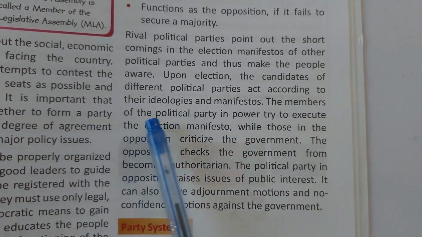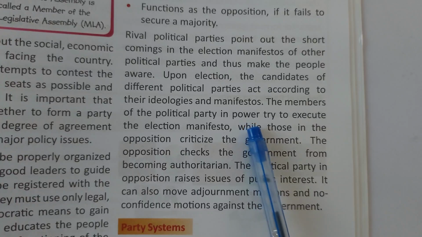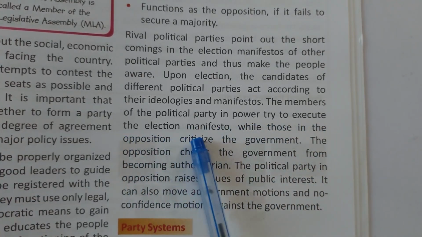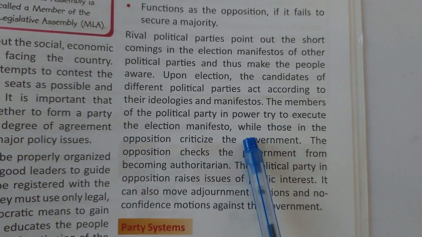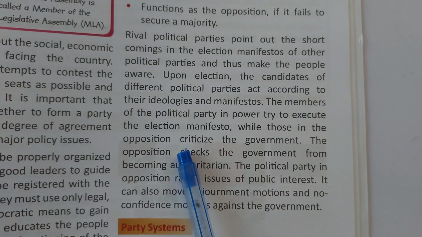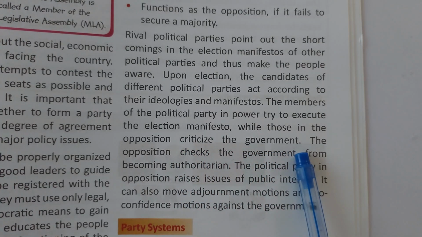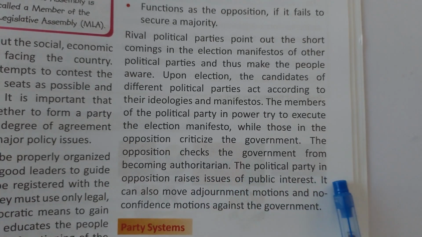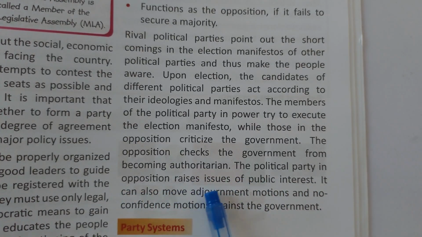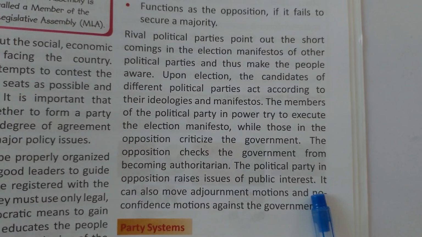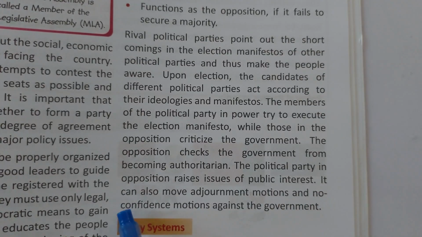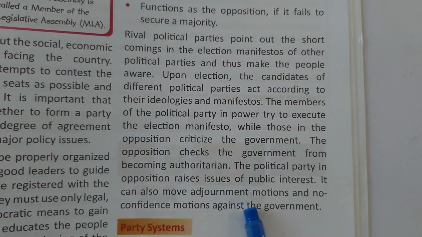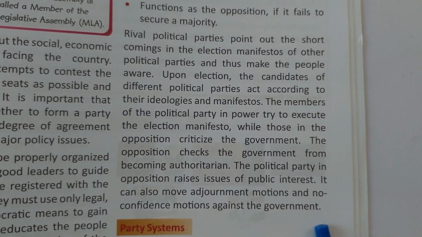The members of the political party in power try to execute the election manifesto, while those in the opposition criticize the government. The opposition checks the government from becoming authoritarian. The political party in opposition raises issues of public interest. It can also move adjournment motions and no confidence motions against the government.